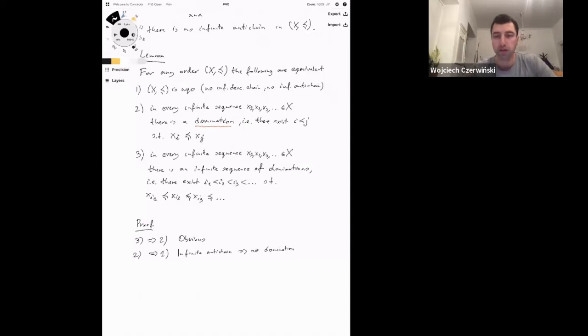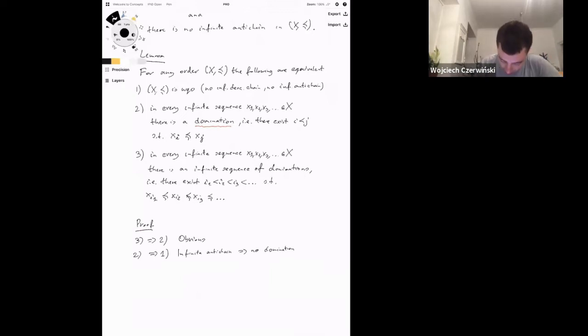But an infinite descending chain also implies no domination. You write its elements as a sequence and you have no domination, because domination means an element with a smaller index is dominated by something later. But in an infinite descending chain, elements are smaller and smaller.